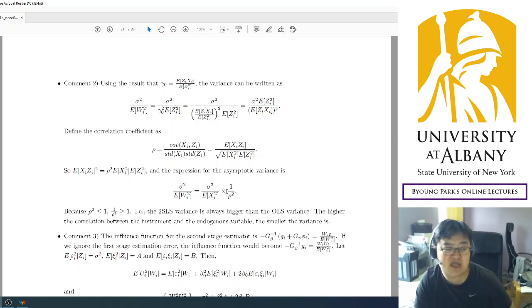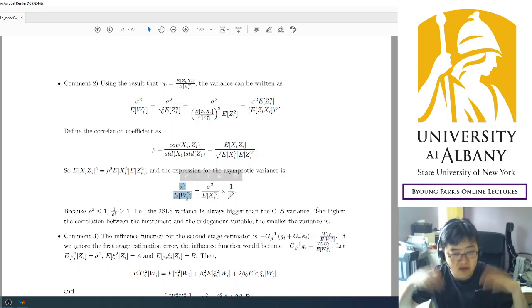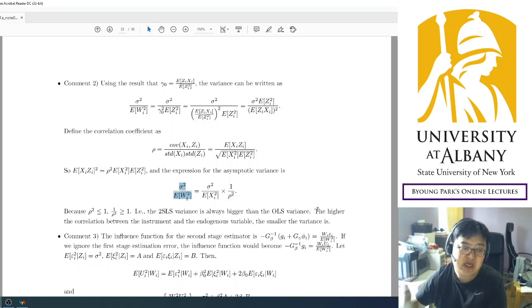And also, you can ask what happens if the instrument is weak. If the correlation coefficient is close to 0, then it becomes near infinity. Then your two-stage least square variance will be infinity. So that's the weak instrument problem. That is another way you can interpret this formula.